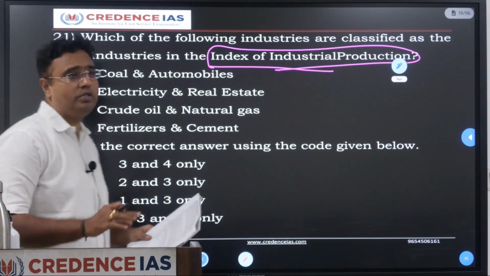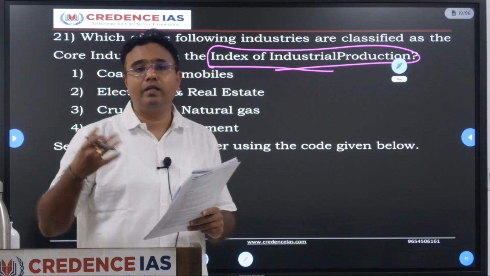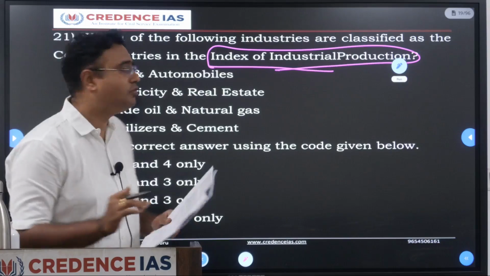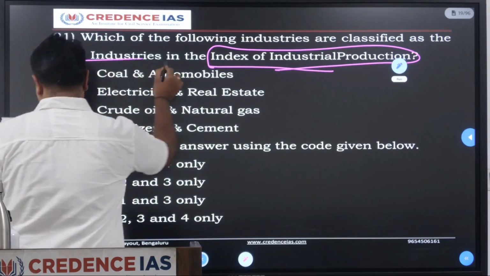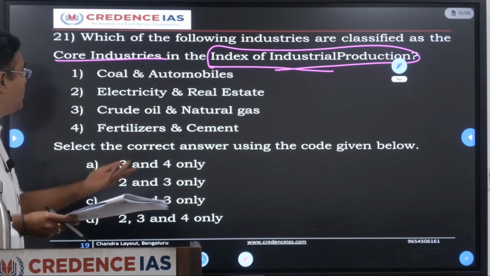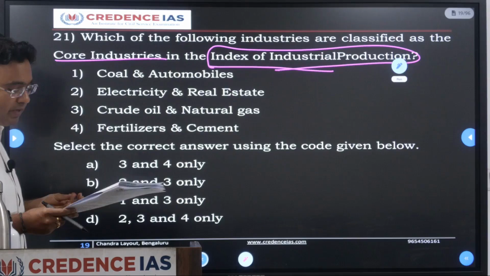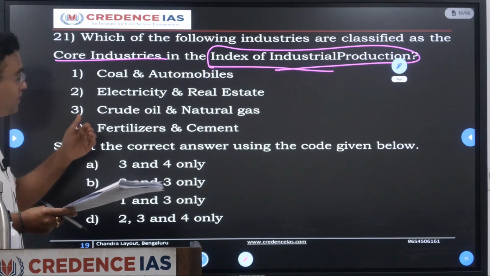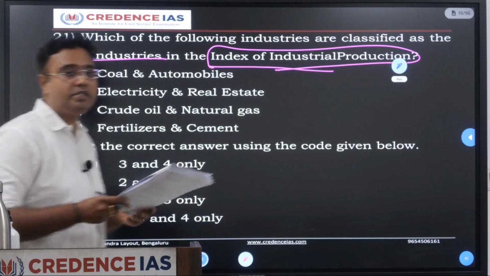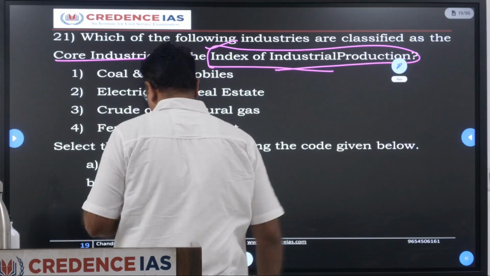Core industries are those industries whose performance has an impact on other industries. There are 8 core industries: coal, crude oil, natural gas, refinery products, fertilizers, cement, electricity and steel. These are the 8 core industries included in the Index of Industrial Production.